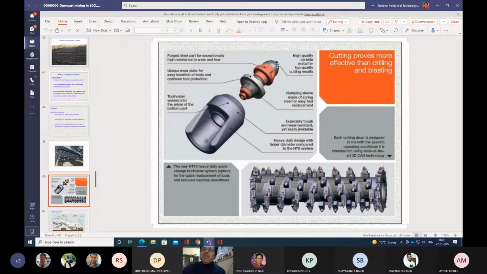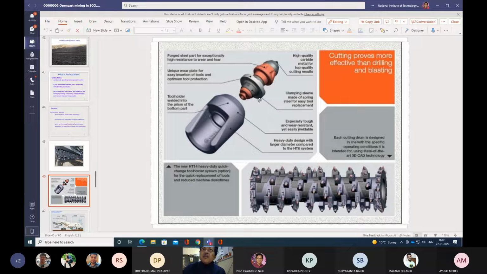At the tip of the cutting tool, there is a high quality carbide metal for top quality cutting results.